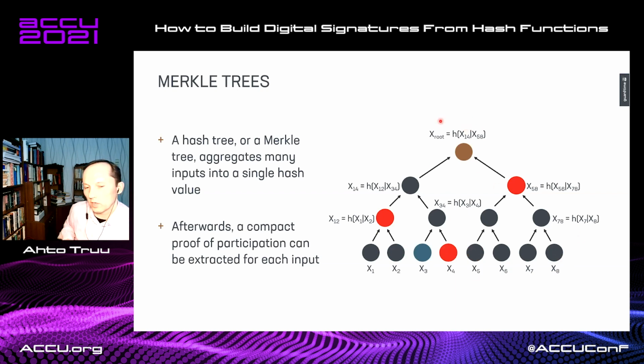And now if I want to sign one document, I use the first one-time key there to sign this document. And in addition to whatever normally goes into my signature, I also enclose this hash proof that this actually was one of my keys originally. And then I have to remember that I have already used up this key and I can't use it anymore. So if I need to sign a second document, I just use a second one-time key and so on.